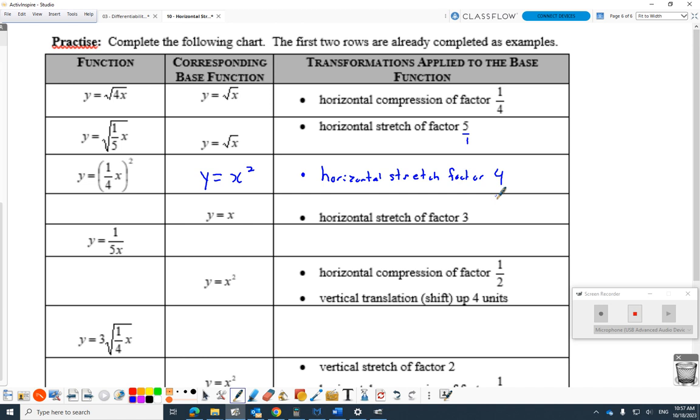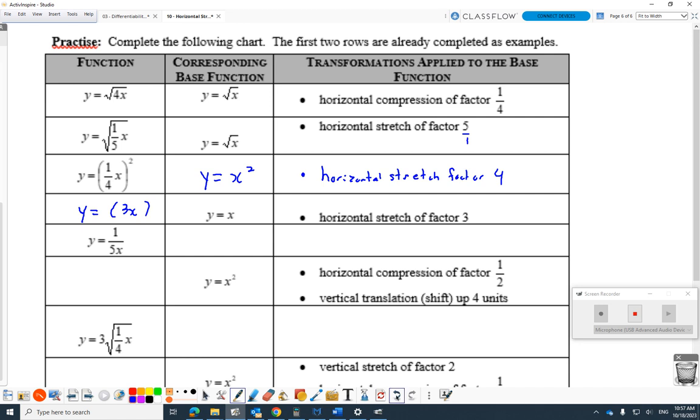Corresponding base function, y equals x, and I've got to horizontally stretch it by factor 3. Technically, I should write that then. But what? 3x is the same as 3x. To which you go, what's that? Oh, right, 1/3.